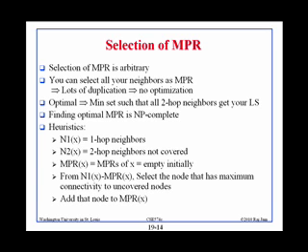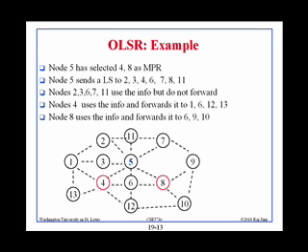And going back to slide number 13, which is one back, not forward. So I'm looking at slide number 13, and we are trying to find out the MPR for 5. Right? What is N1 here? N1 is all the nodes that are 1-hop, and how many members are there in that set? 7. N2 includes all the nodes that are 2-hop, and right now that will include which nodes?